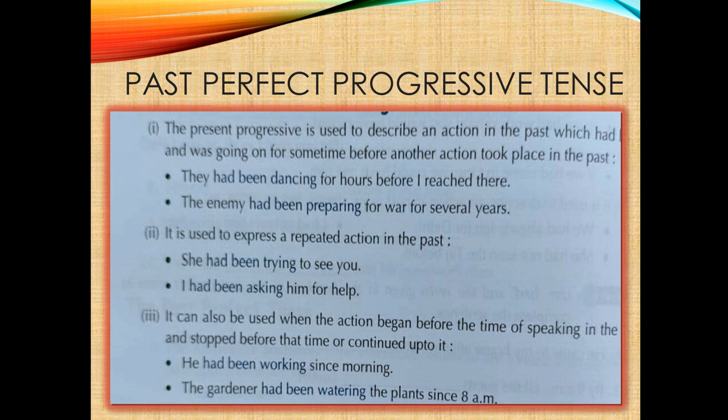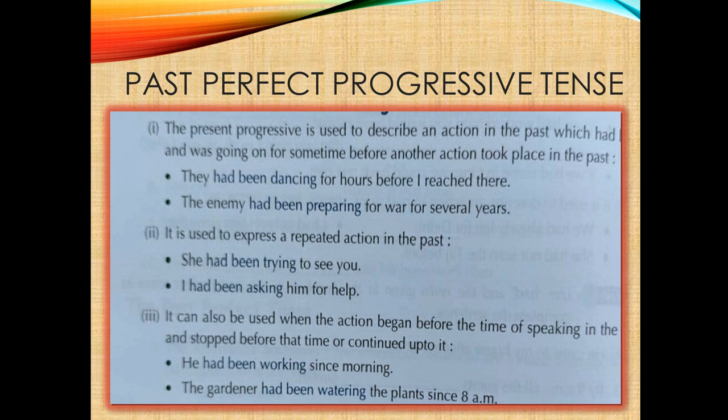The enemy had been preparing for war for several years. Right? So the action had begun and was going on for some time before another action took place in the past. Like they had been dancing for hours. Okay, and another action is I reached there. So they had been dancing for hours before I reached there. Right? Let's see the second one.